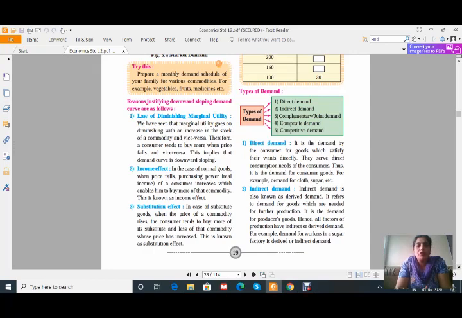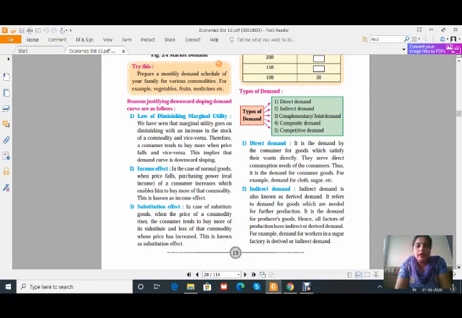But if the price falls to 30 rupees, definitely he will buy more. That means he can buy three. That is known as income effect. So the purchasing power or real income of a consumer increases, which enables him to buy more of that commodity. This is known as income effect.